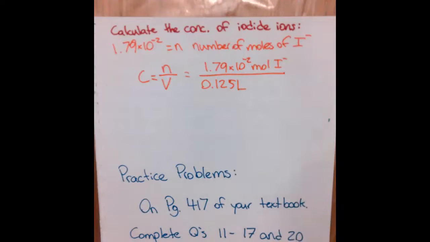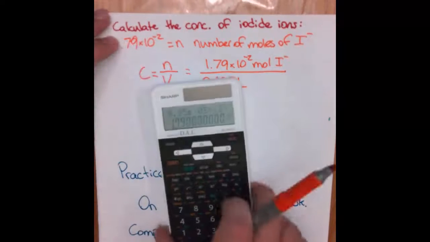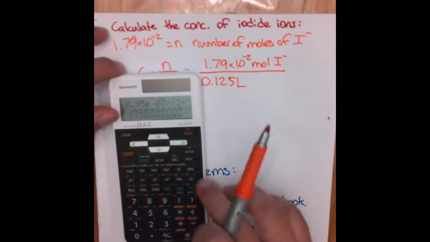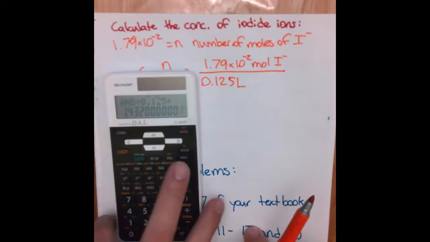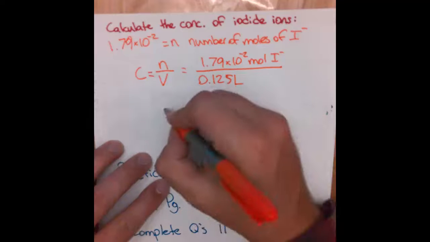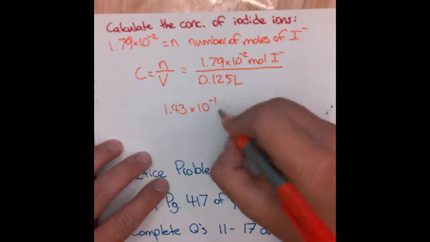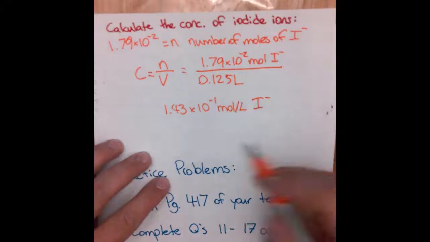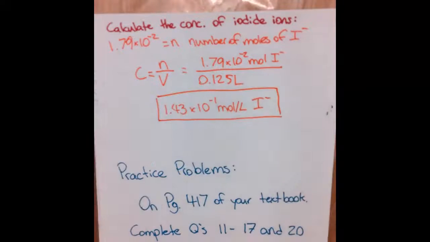If I do this calculation quickly on my calculator, luckily I already have my 1.79 times 10 to the negative 2, so all I need to do is divide that answer by 0.125, which is going to give me 1.43 times 10 to the negative 1 moles per liter of I minus, okay? And that's going to be your final answer, all right?